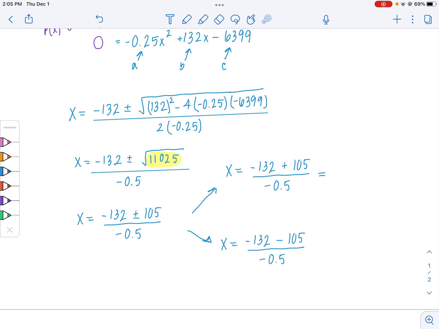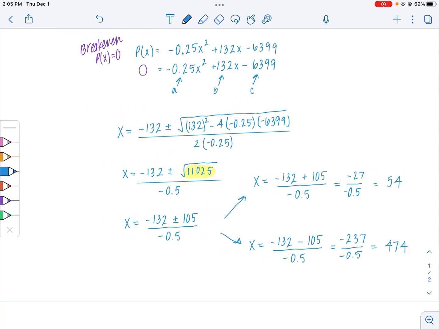That means add together negative 132 and 105. You should get negative 27. Then divide it by negative 0.5. So I'm getting 54. Again, for this one, simplify the numerator. So negative 237 divided by negative 0.5, and you would get 474.